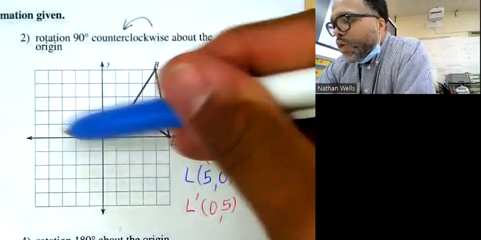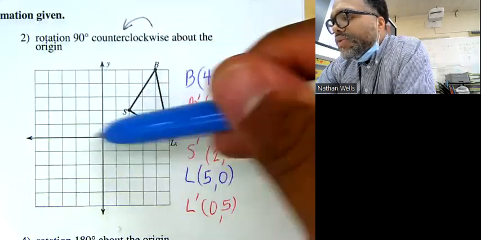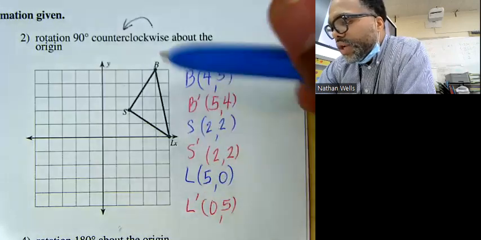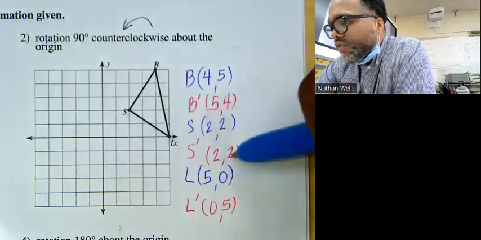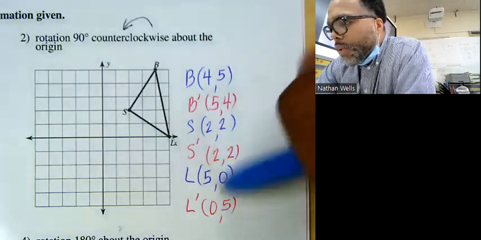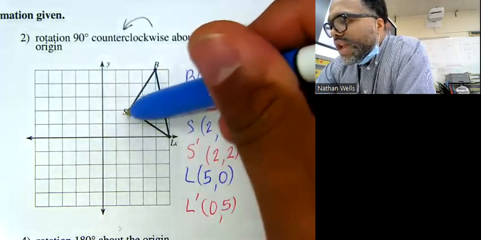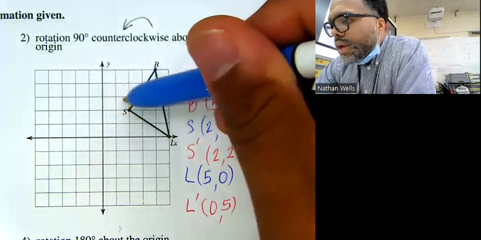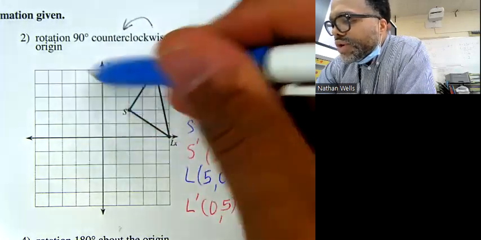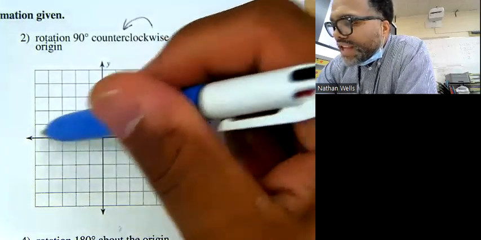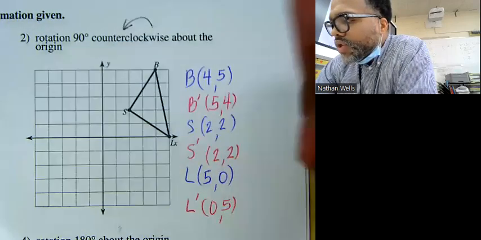Now we need to figure out what are our X value signs and our Y value signs in our destination quadrant, because that determines our signage for our primed points. S was in quadrant 1, is going to end up in quadrant 2 because that's a 90-degree counterclockwise. So in quadrant 2, my X values are negative, but my Y values are positive.